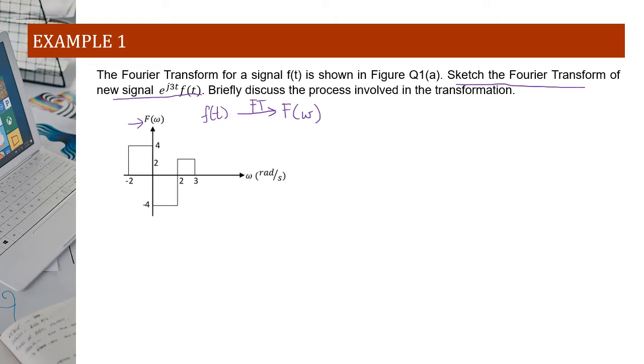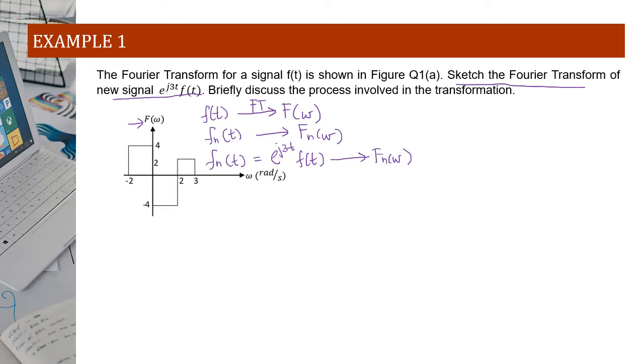Given a new signal f_n(t), it will produce F_n(omega). So f_n(t) is equal to e^(j3t) f(t), which will produce F_n(omega). So what is F_n(omega)?